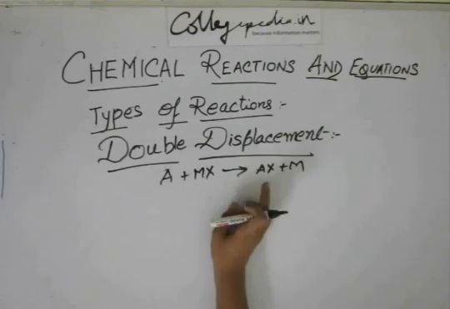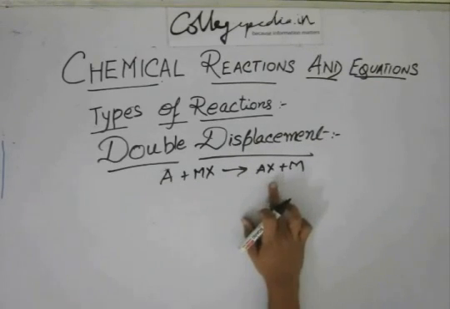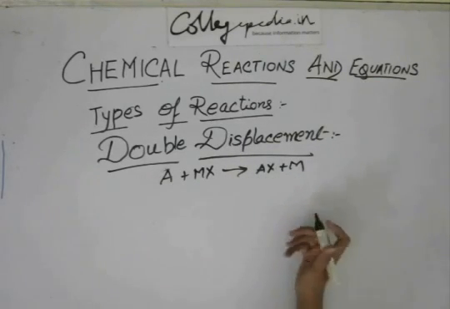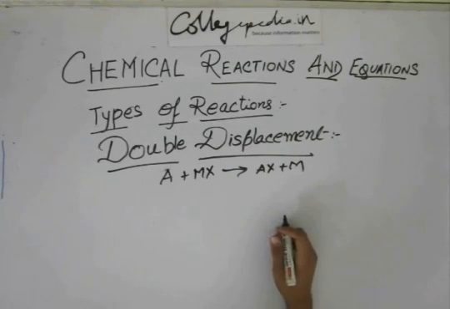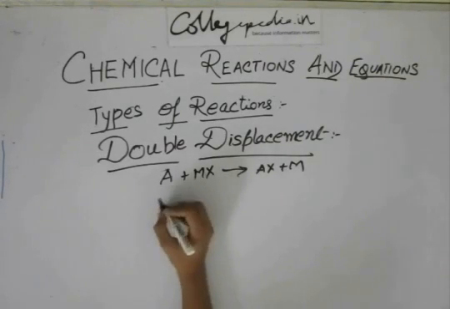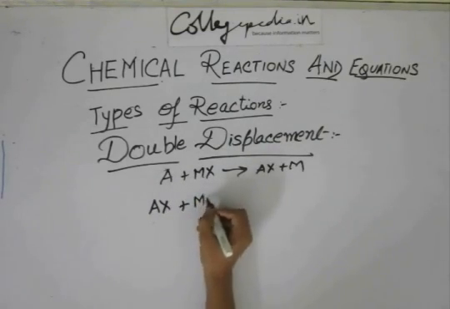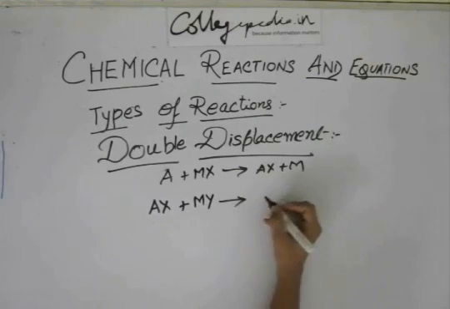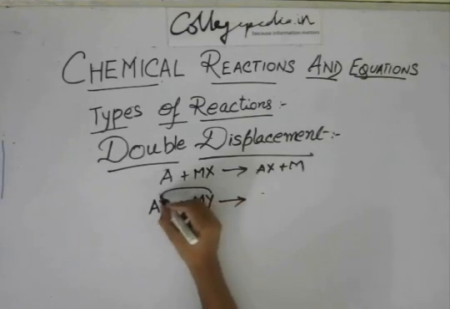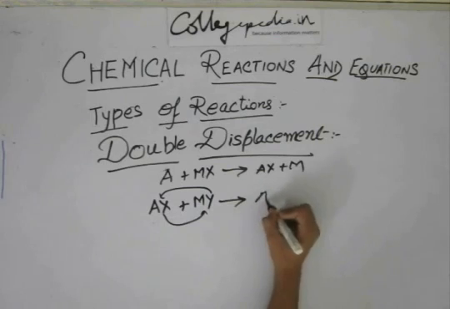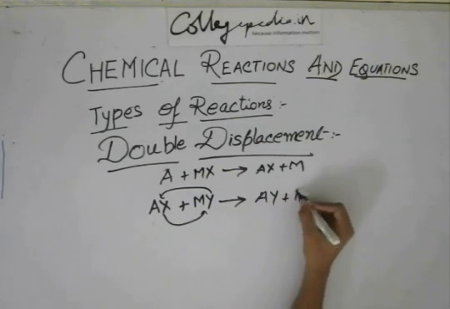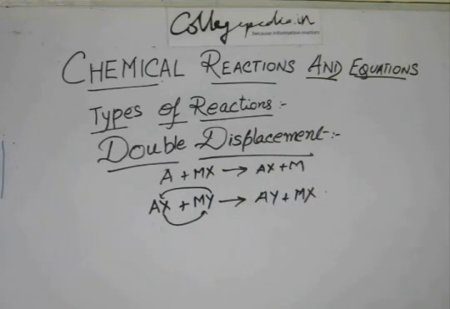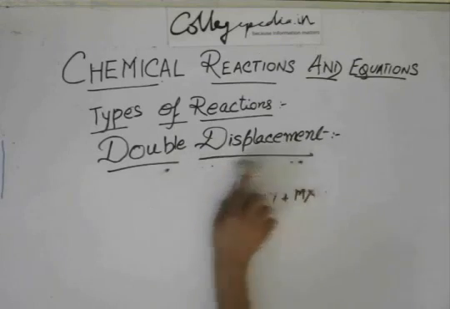And this A displaced M and formed AX, and M was left alone. Now, in double displacement reactions, it's two salts reacting. It's AX plus MY. They just exchange their radicals. It will give AY plus MX. So this is the double displacement reaction. Just change their radicals.